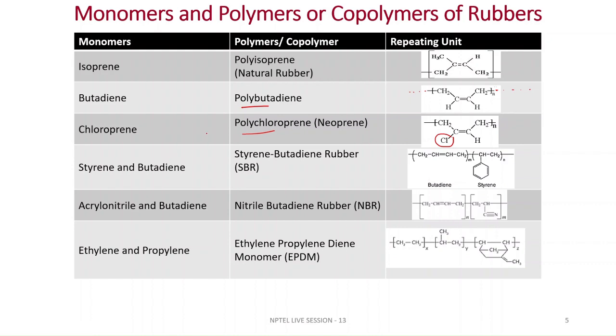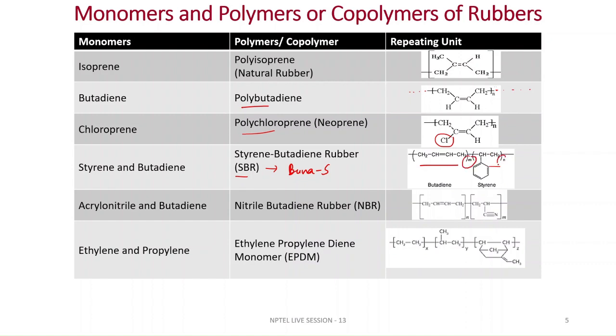Now we will discuss some copolymers. For making SBR, the monomers are styrene and butadiene. It forms styrene butadiene rubber, or SBR, also known under the trade name Buna S. In this structure of SBR, you can see this part is butadiene and this part is styrene.